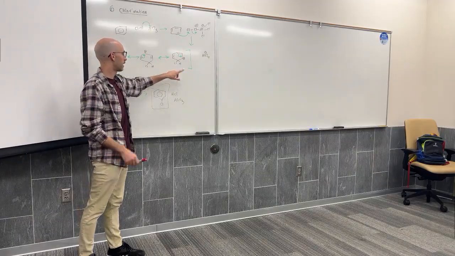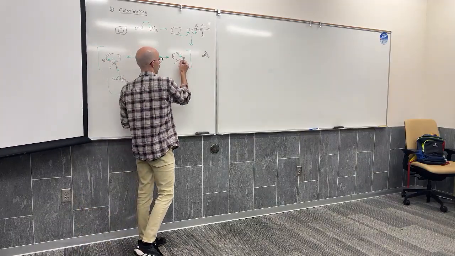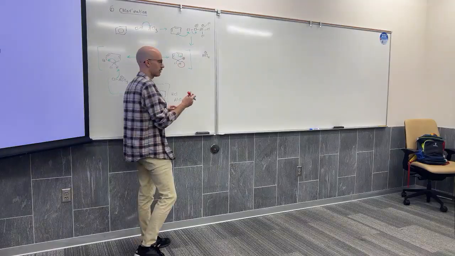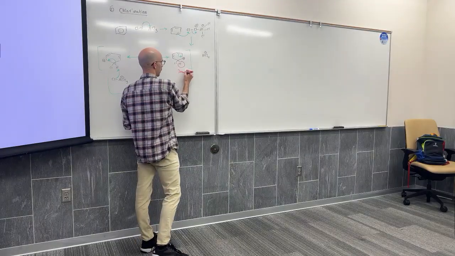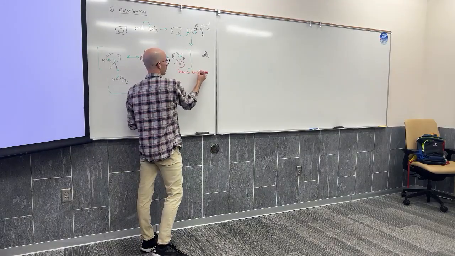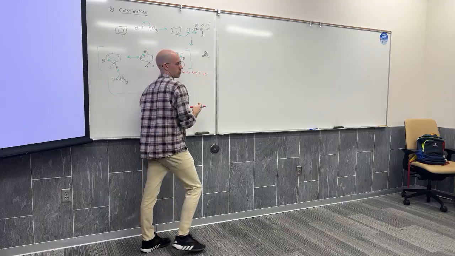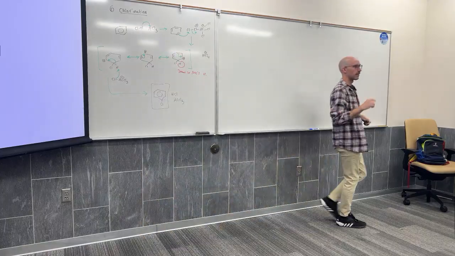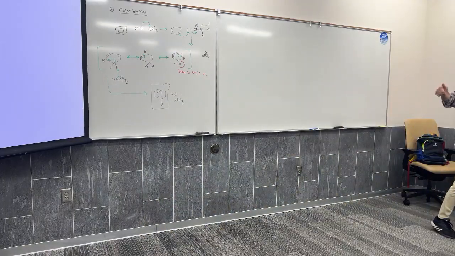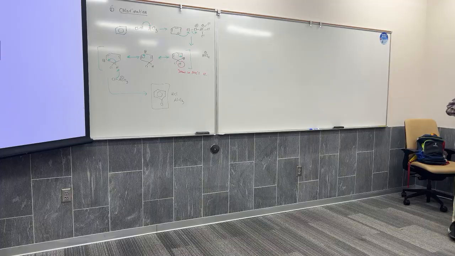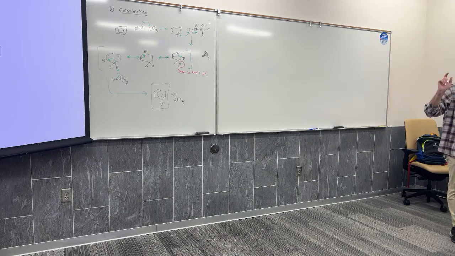So, my advice: draw in the nucleophile's hydrogen. That will remind you that this carbon breaks conjugation, this carbon is not involved in resonance, and that carbon needs to be deprotonated.